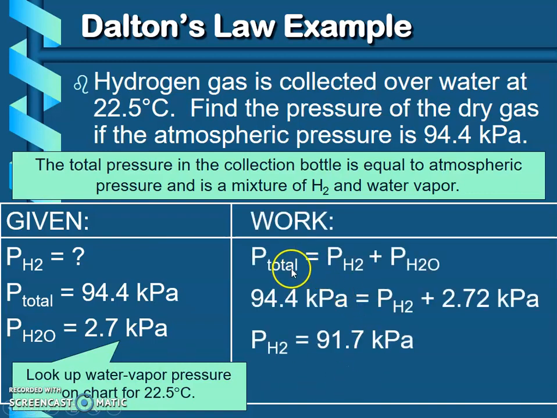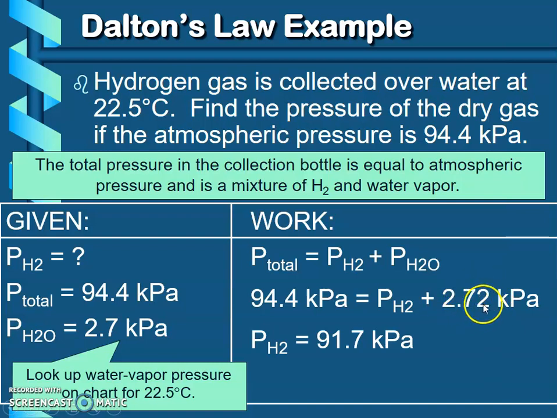Okay, so here's our equation. So the P total is going to be the pressure of hydrogen plus the pressure of water. Our total, 94.4. Our partial of hydrogen, we don't know. That's unknown. But we do know the water from using our chart is 2.7. Sorry, I put 2.72. That's a typo. 2.7.